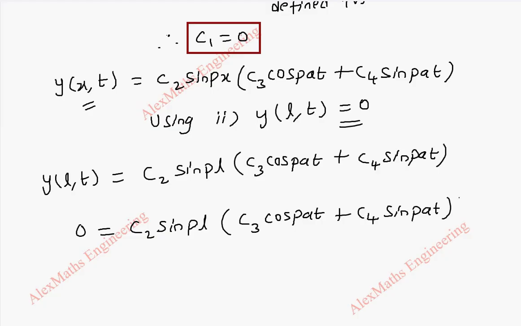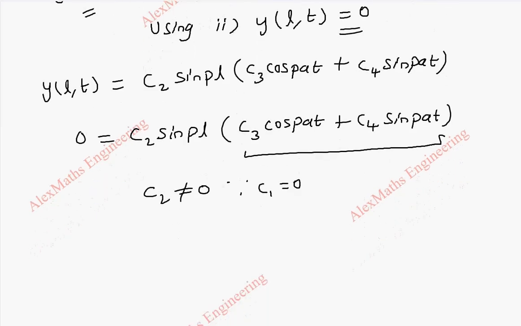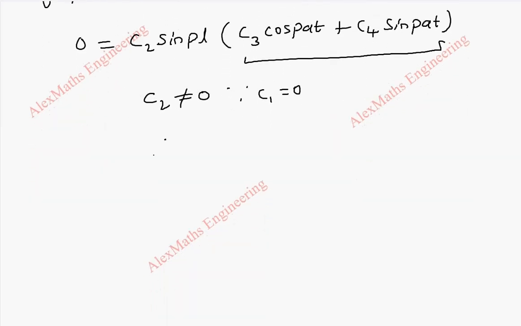Already we discussed that this term cannot be 0. And here c2 also cannot be 0, since c1 is already 0 and the other constant cannot be 0 again from the same term. Therefore, the only option left is sin pl equal to 0. It means when sin theta equals 0, we get theta equal to n pi.